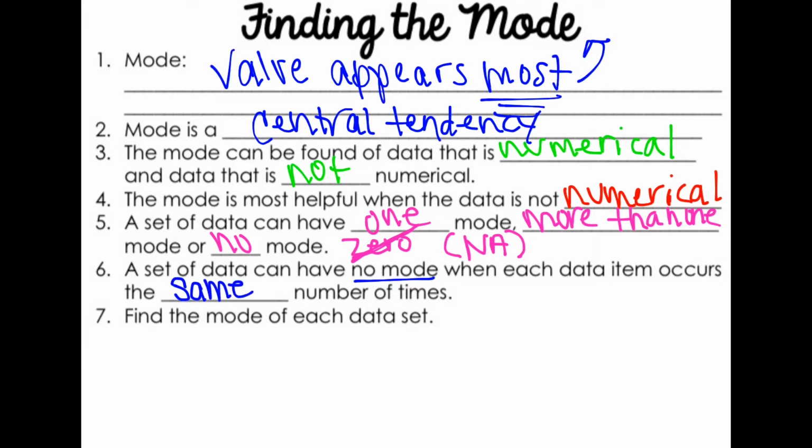We are going to find the mode of each data set. So if we are given this data set, we have no's and yeses. So let's count our no's. We have 1, 2, 3, 4. So our no's equal 4. And let's count our yeses.